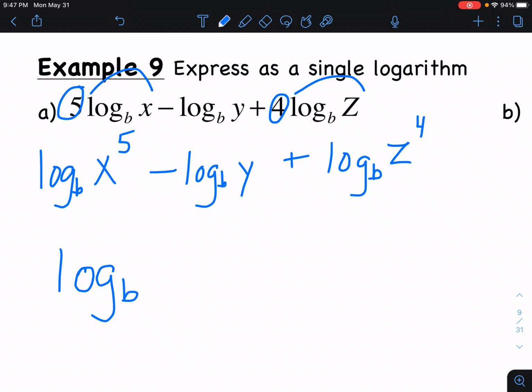The first log has a positive, so x to the 5th goes on top. The second log with the y has a minus in front of it, so that means the y goes down to the denominator. And the third one has a positive in front of it with the z. So since it has a plus in front of it and it's positive, that belongs in the numerator. And I can't simplify anything there. I expressed it as a single log and it's good to go.